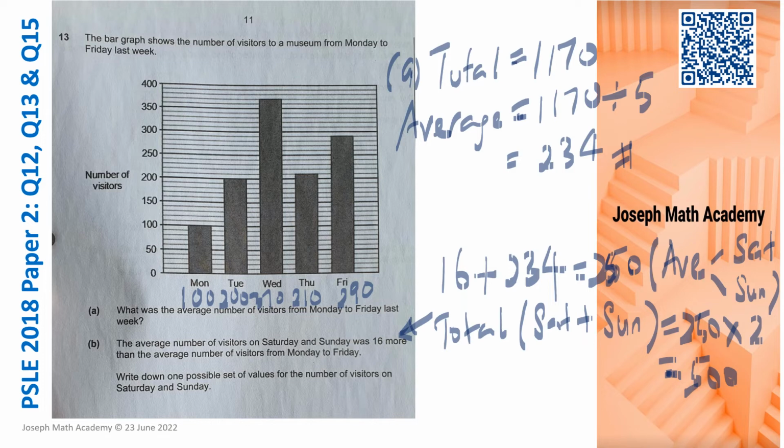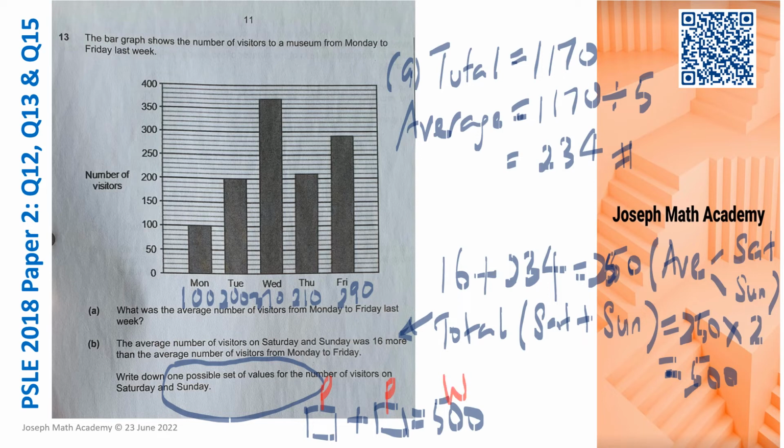That means Saturday plus Sunday must be 500, and we are supposed to give a reasonable set of values. So it is a very open answer. As long as your Saturday plus Sunday gives us 500, we should be fine. Okay, a very easy open-ended question. So as long as the part-whole concept is there, part plus part must give you the whole of 500.